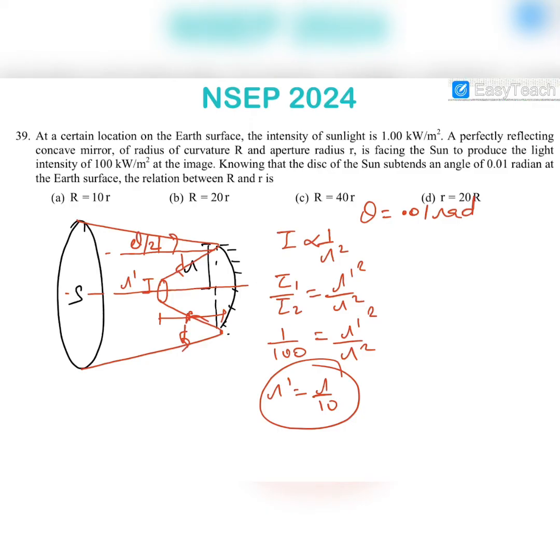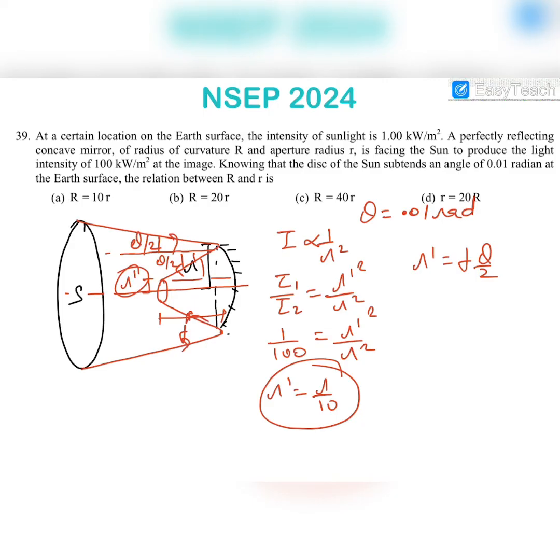Now we know that this angle will be theta by 2, and again this angle will be theta by 2, same. So by this relation you can see that the value of r dash can be written as r dash is equal to f theta, where f is the focal length and theta is the small angle, that is theta by 2.